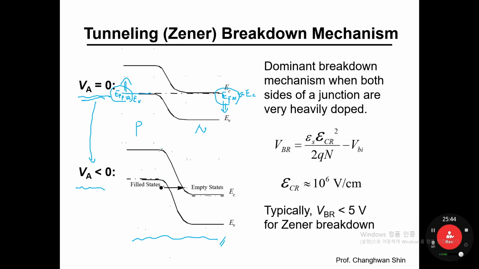Then here the depletion layer width, from here to here, W, is very narrow.